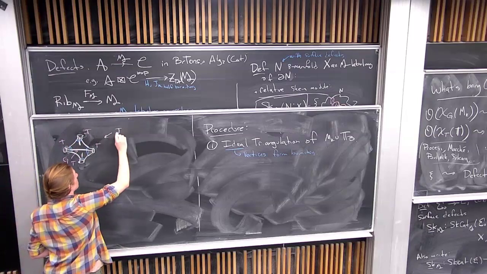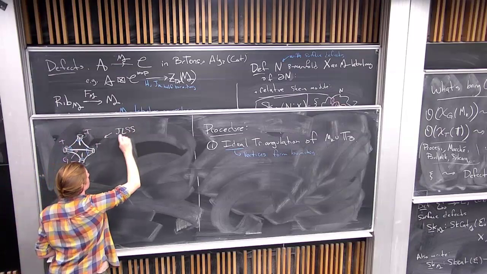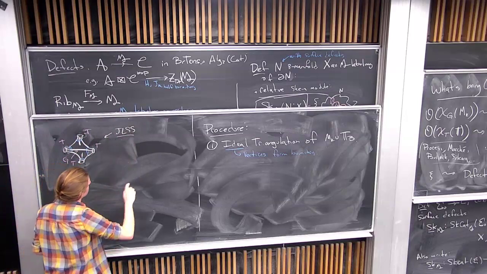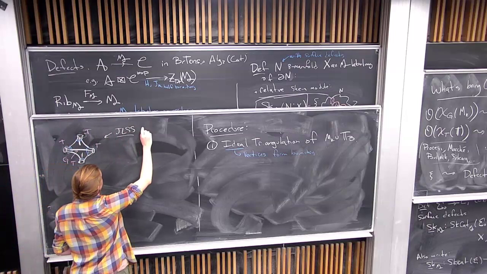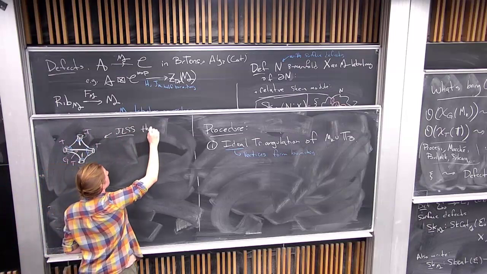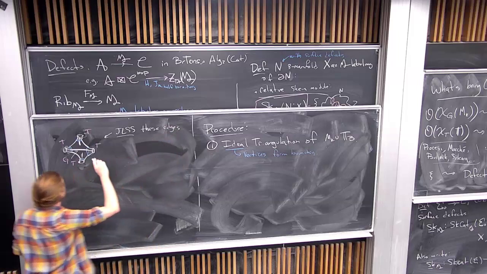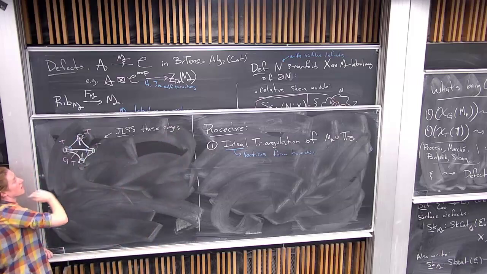Thanks to the work of JLSS, Jordan, Lee, Schrader, and Shapiro, these edges. So when I say these edges, I really mean all these edges that I've drawn in white.